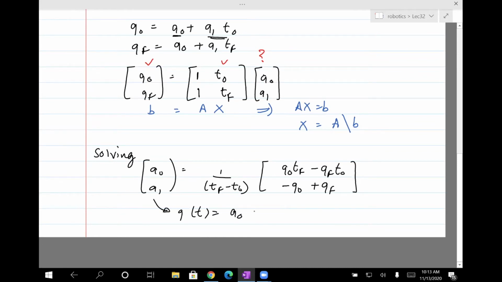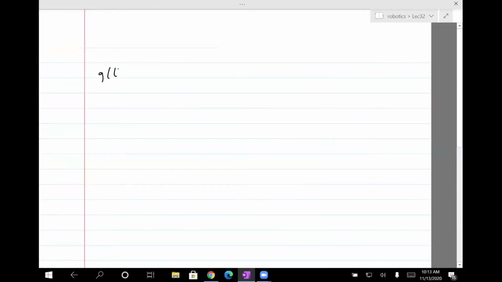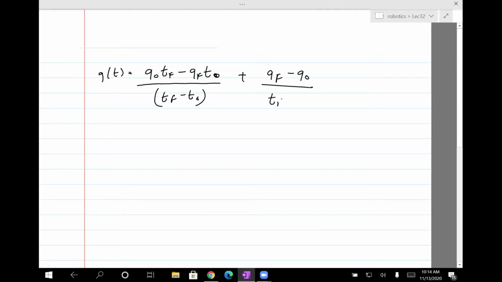It's basically a0 plus a1t, where a0 and a1 are now computed by inverting the A matrix. So q of t, after subbing in the values, is q0 tf minus qf t0 divided by tf minus t0, plus qf minus q0 divided by tf minus t0, the whole thing times t. Okay, so this is q of t.